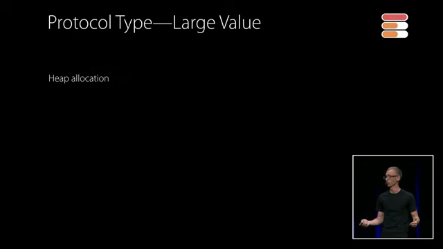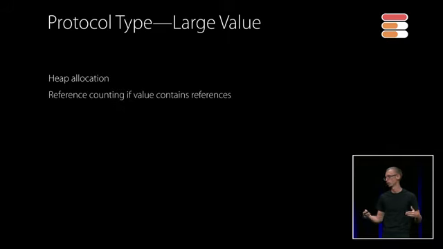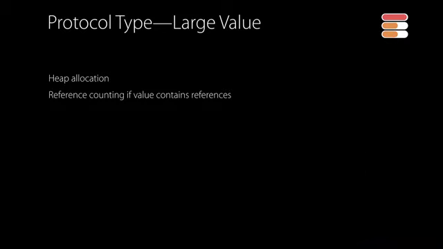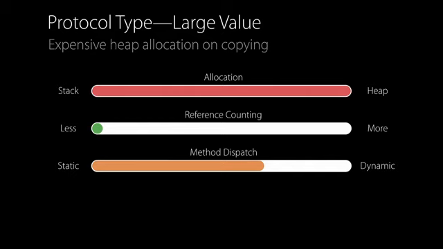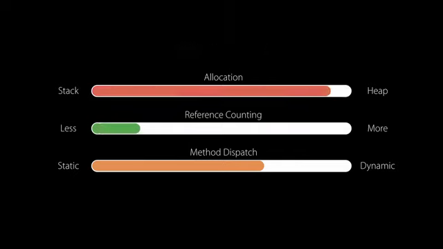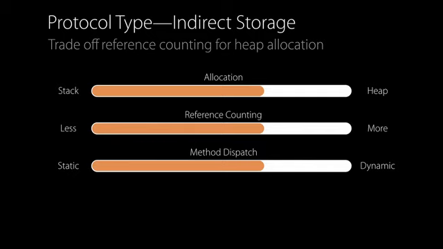Compare this with large values. Large values incur heap allocations whenever we initialize or assign variables of protocol type, and potentially reference counting if our large value struct contained references. However, I showed you a technique, namely using indirect storage with copy and write, that you can use to trade the expensive heap allocation for cheaper reference counting.